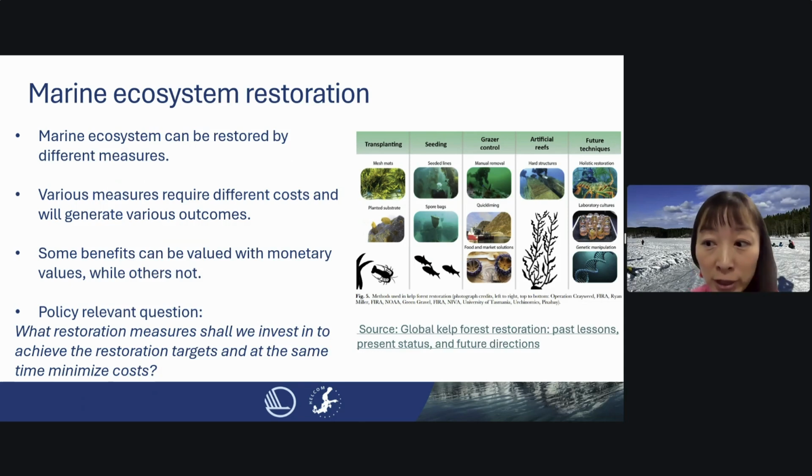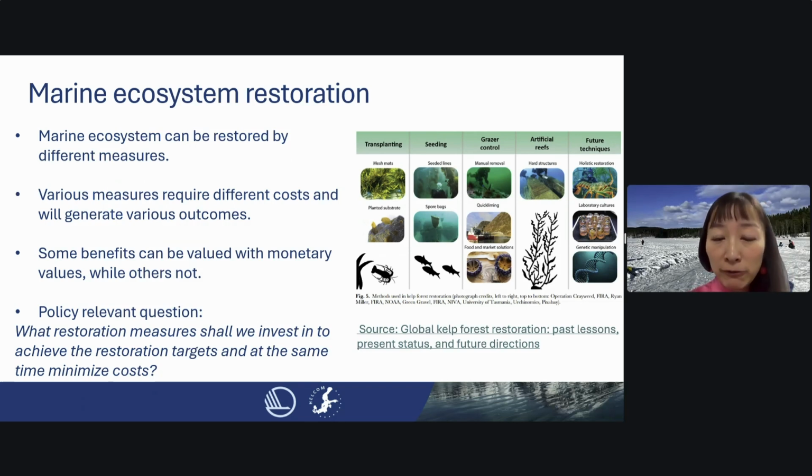There are also lots of future techniques that we can use, maybe different advanced technologies. So one thing that is for sure is that various measures require different costs and will generate various outcomes.